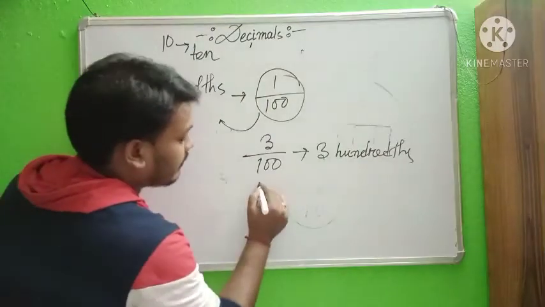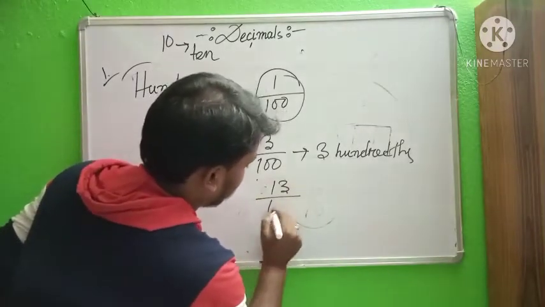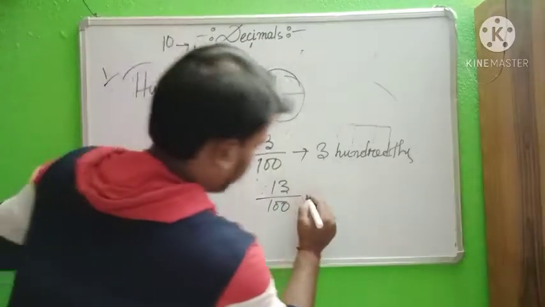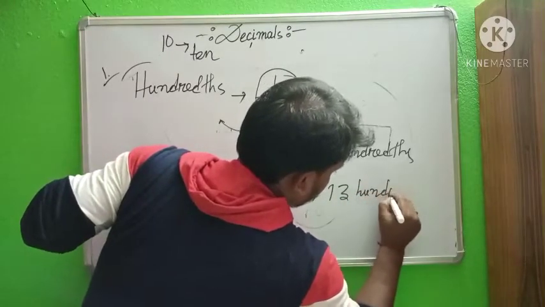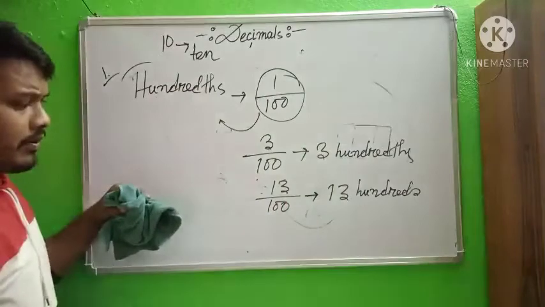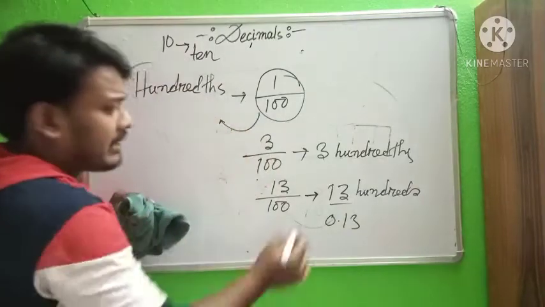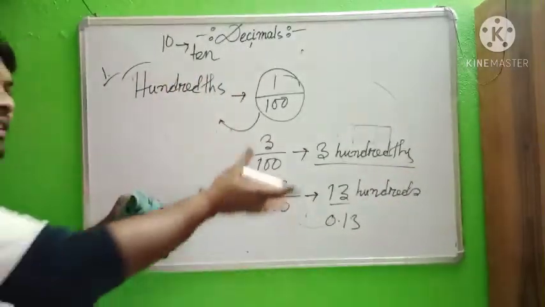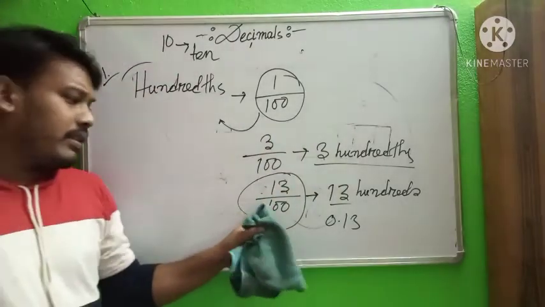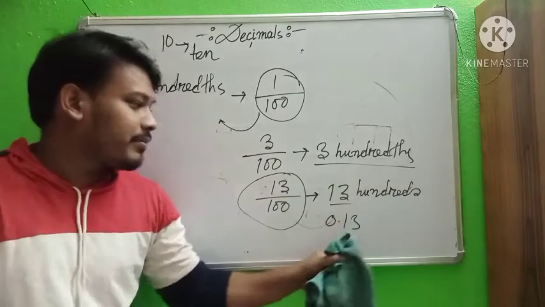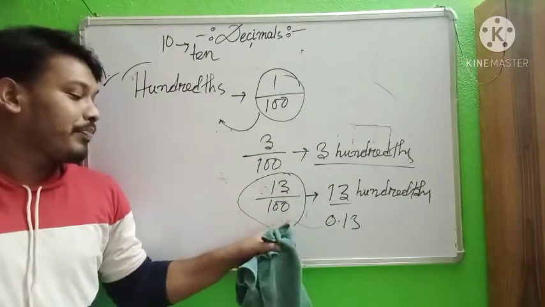If here it is 5 or 7 or 13, then thirteen hundredths. Thirteen hundredths means 0.13, or 13 by 100.